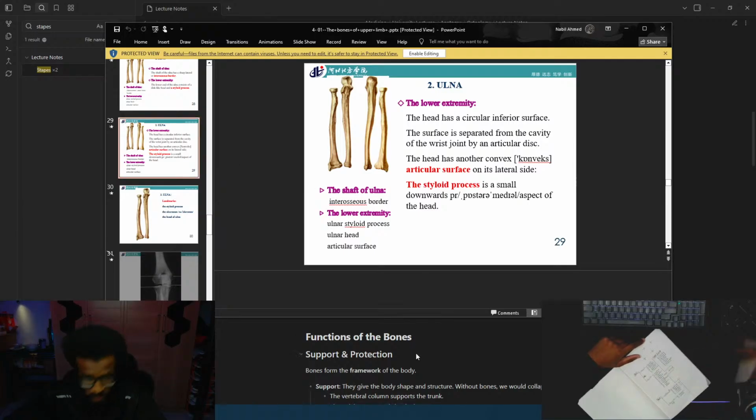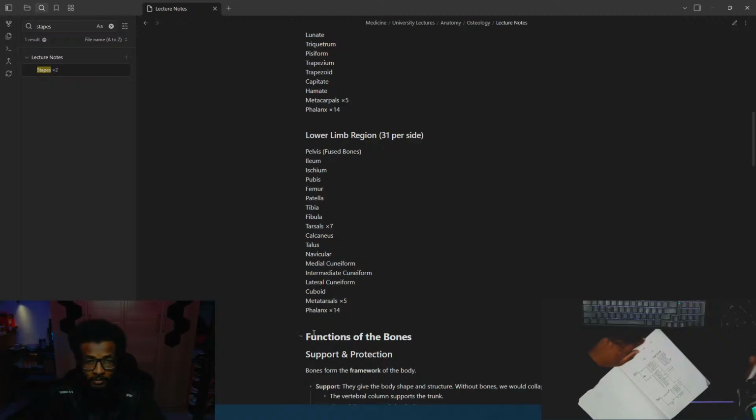Now into the lower limb. Okay. So the first part of the lower limb is the pelvis, which are fused bones.